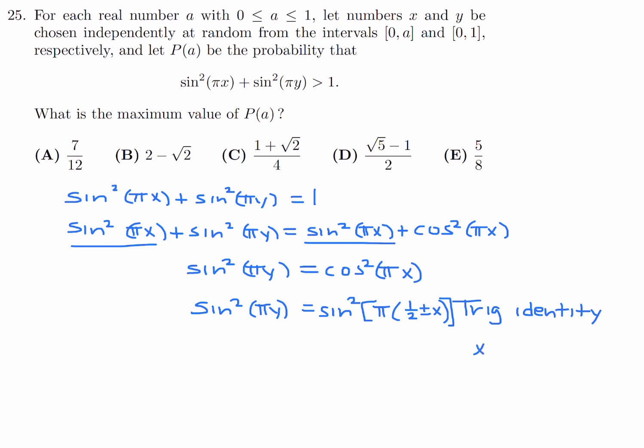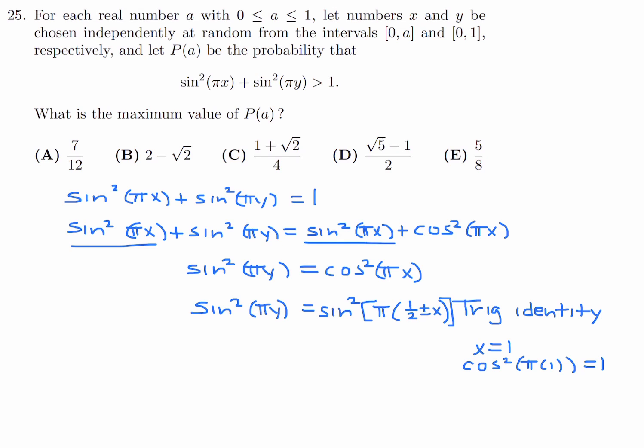So for example, if x was 1, then cos squared pi would be equal to negative 1 squared, which is 1. So that would mean cos squared pi times 1, and that's going to be just 1. And then you plug it into here, it would become, well, for either one, it would give you, say, if x is 1, if you use the positive, it would be 3/2 times pi, which is 270.